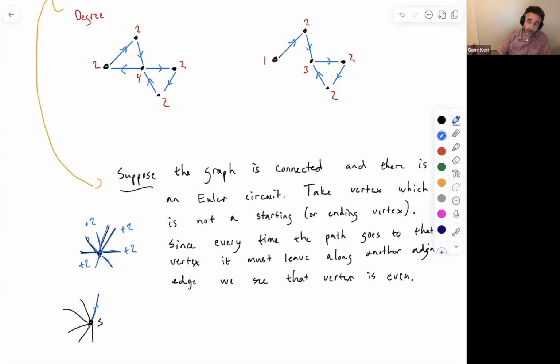And well, it's an Euler circuit that we're on, so it must come back. I mean, it must hit each of the edges adjacent to our starting vertex. But if that's not the last edge, then it must leave again and hit more. So then it has plus two. When we first leave, we're hitting one of the edges connected to our starting point. But then when we pass through again, just like we did before, we have to add two.